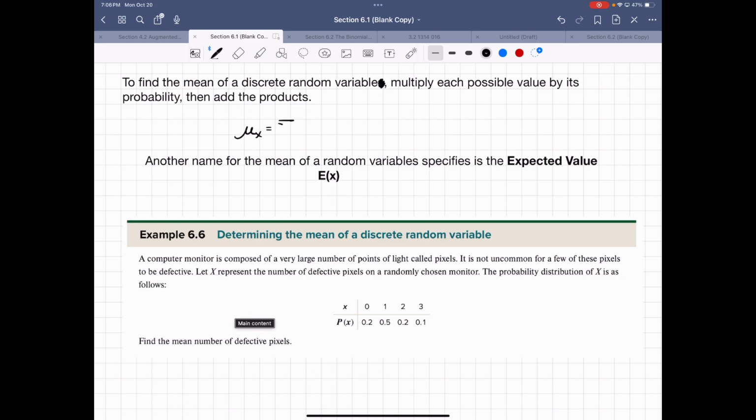So that is going to be the summation of x times the probability of x, okay? On that last one that we did, when x is 2, having 2 kids, you multiply that times the probability of having 2 kids. But then you do all your values like that, okay?